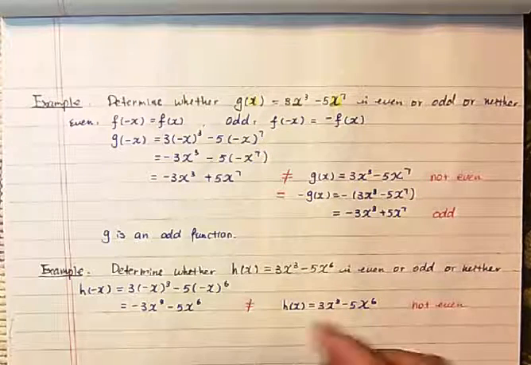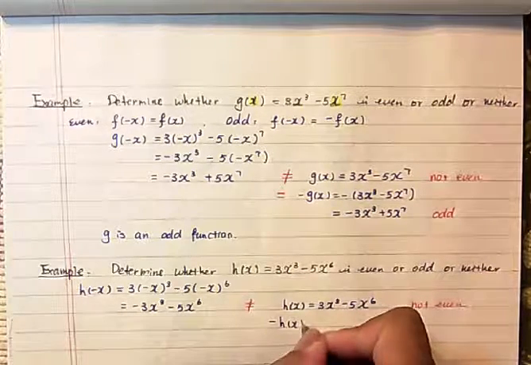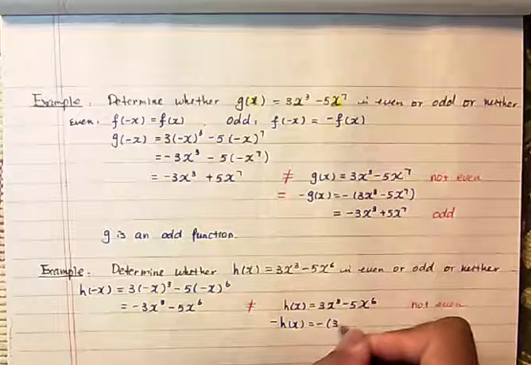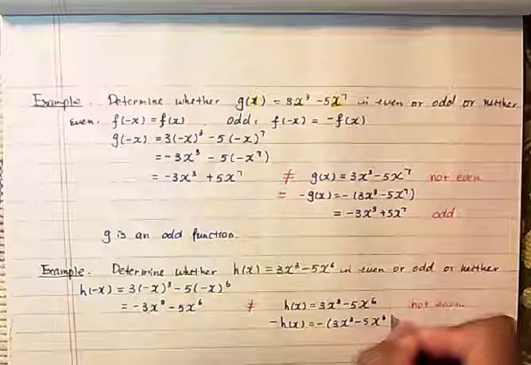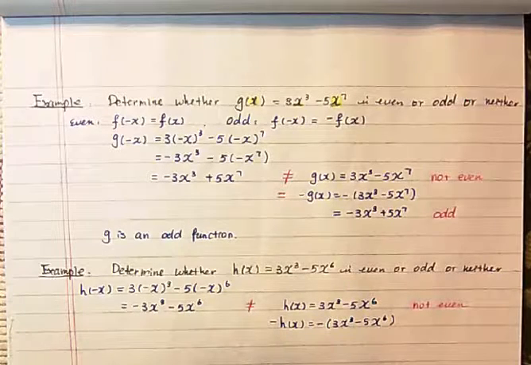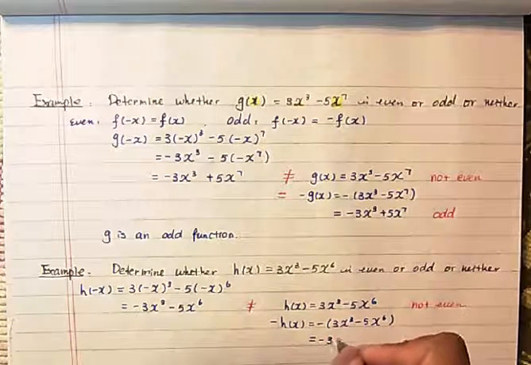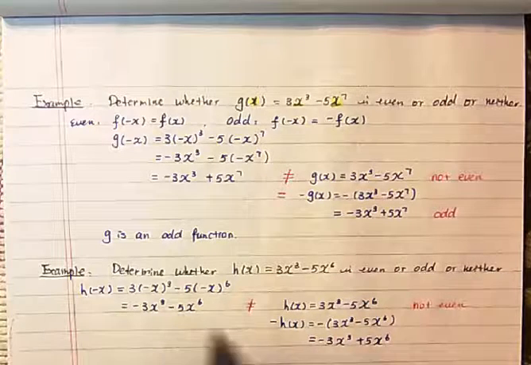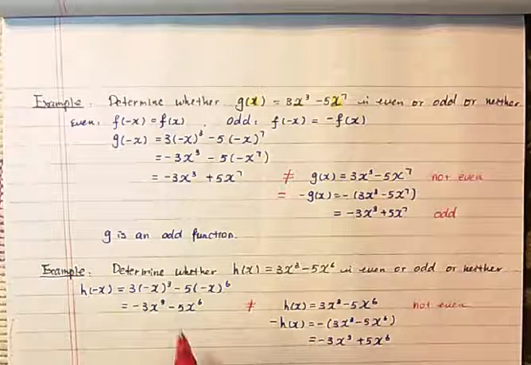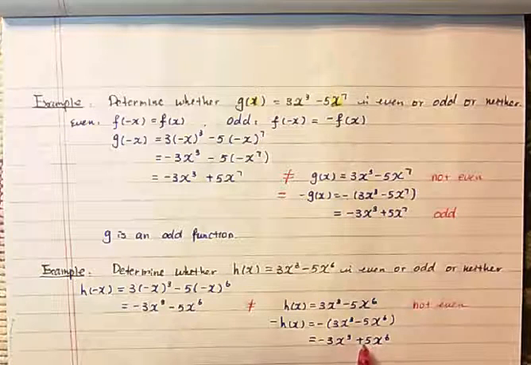How about negative h of x? That will give me negative times 3x cubed minus 5x^6. Distribute the negative inside: negative 3x cubed plus 5x^6. Let's compare that. Still not the same because the x to the 6th power coefficient is not the same.